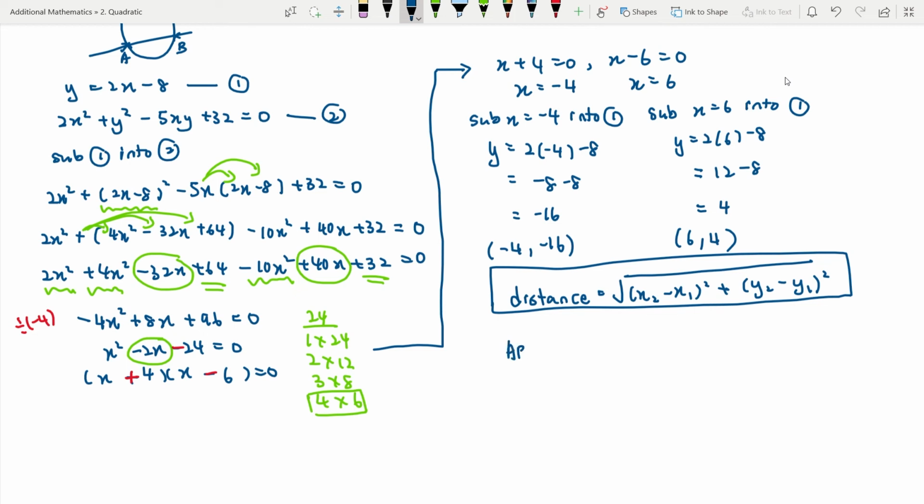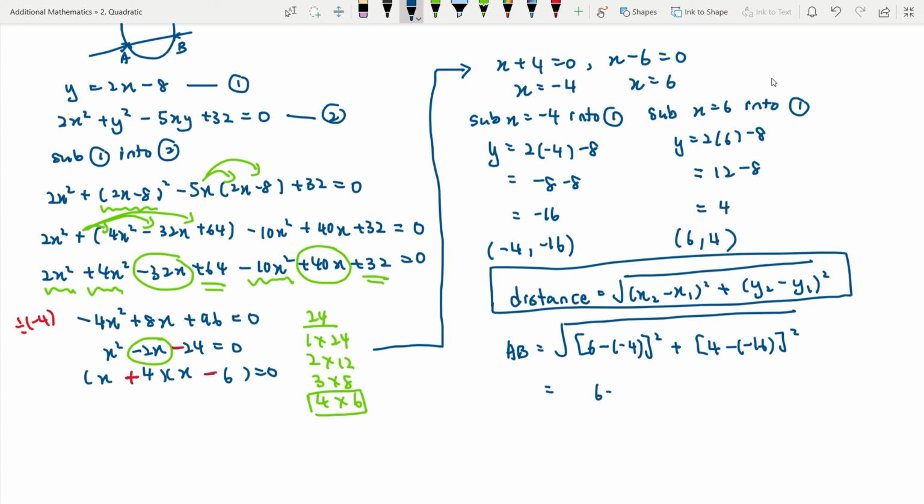The length AB is equal to 6 minus negative 4, the whole thing square, plus 4 minus negative 16, the whole thing square, and then square root them.